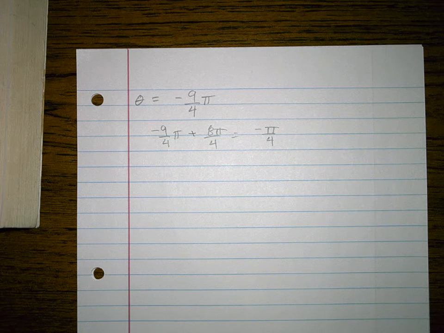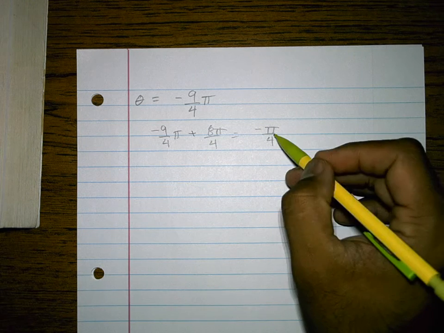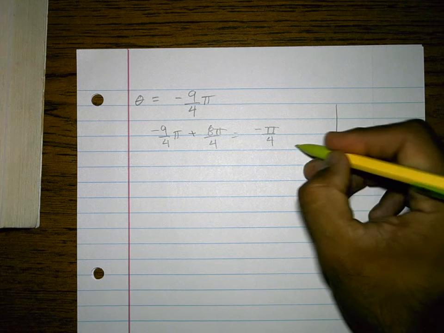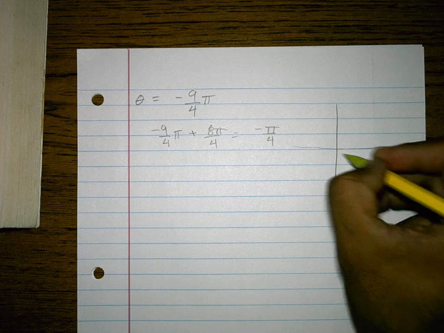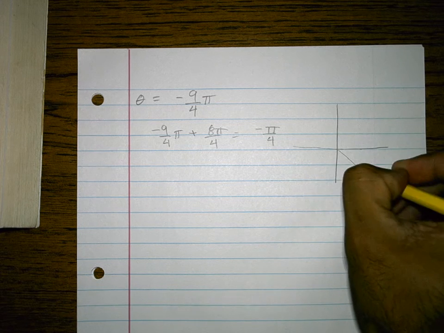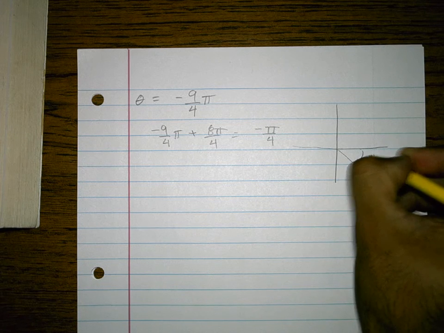So that gives me a coterminal angle. That's a little bit weird because it's not a positive one, so it throws some people off. So it's down pi over 4.